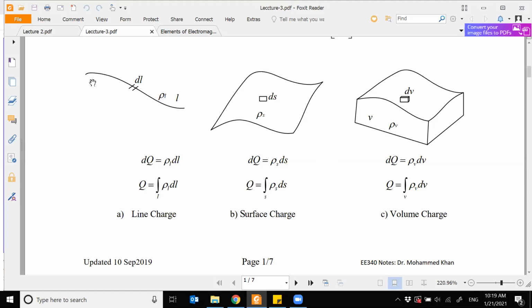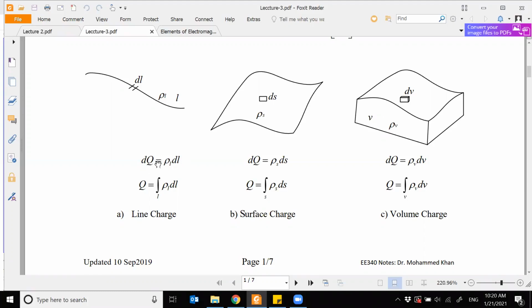and if its length is L, then how can you find the total charge of this line L? You can take an infinitesimally small or elementary length dl, and first find the charge of this elemental length dl. So the elemental charge dq is rho L times dl: the line charge density multiplied by the elemental length dl.